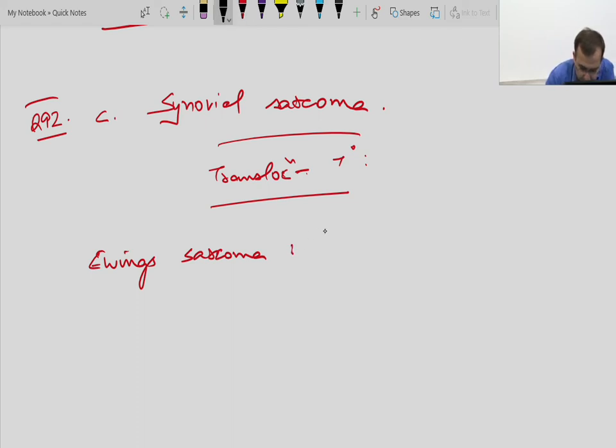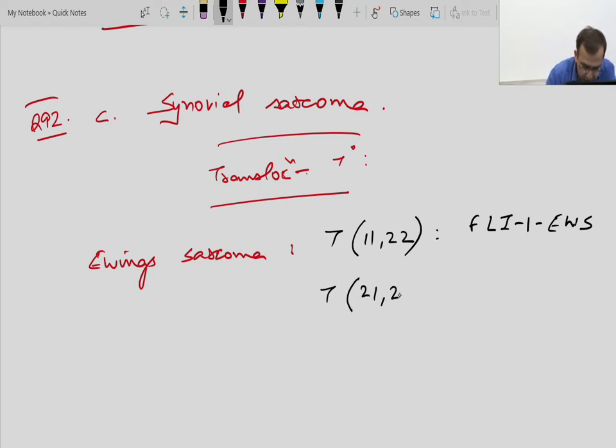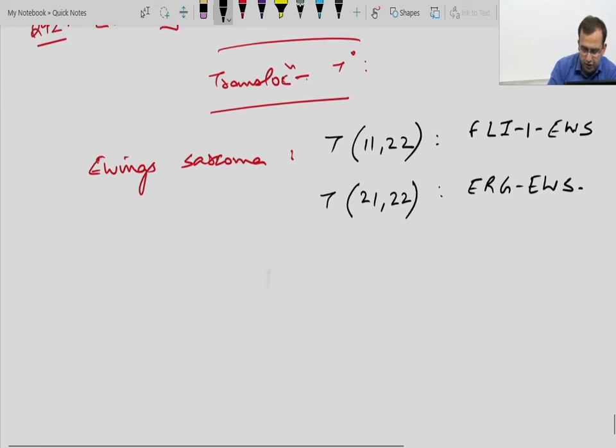In Ewing sarcoma, translocation 11;22 is the most common, the FLI1-EWS fusion gene. Next is translocation 21;22, the ERG-EWS gene. Remember these two main ones, that is sufficient.